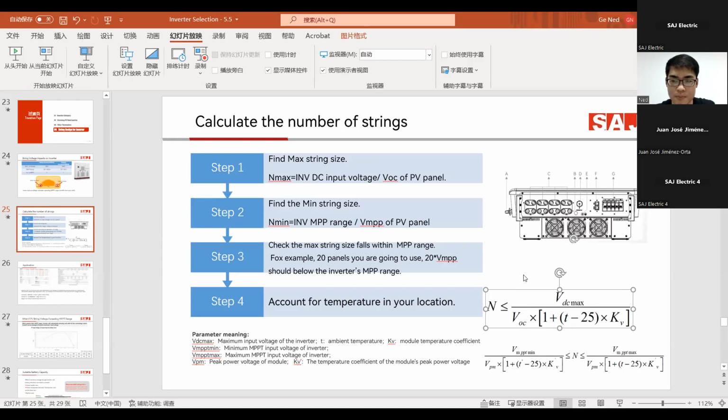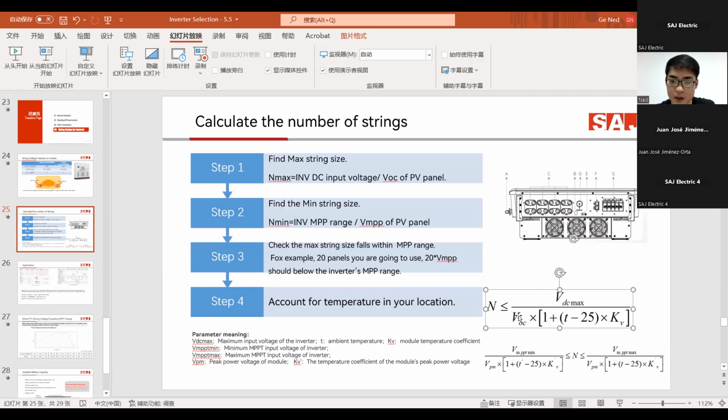But most inverter manufacturers set the protection line at 1,100 volts. If the string voltage is larger than that, the inverter will shut down and generate an alarm to tell you that there is a DC bus over voltage. So when you make the design, you should take notice of that.